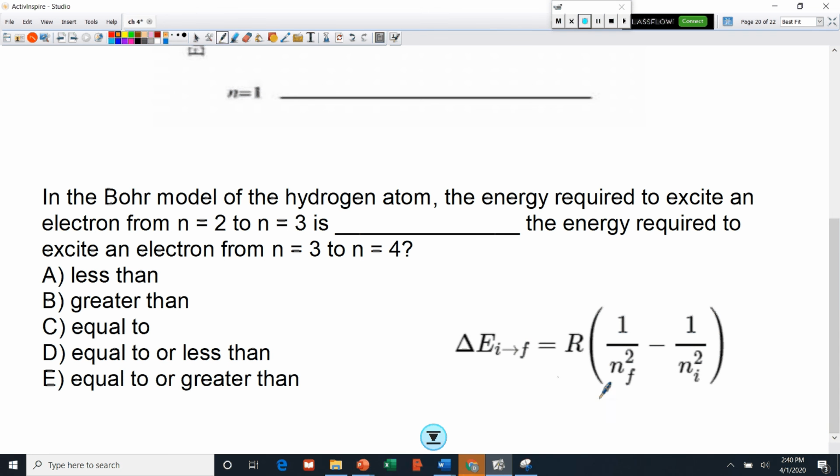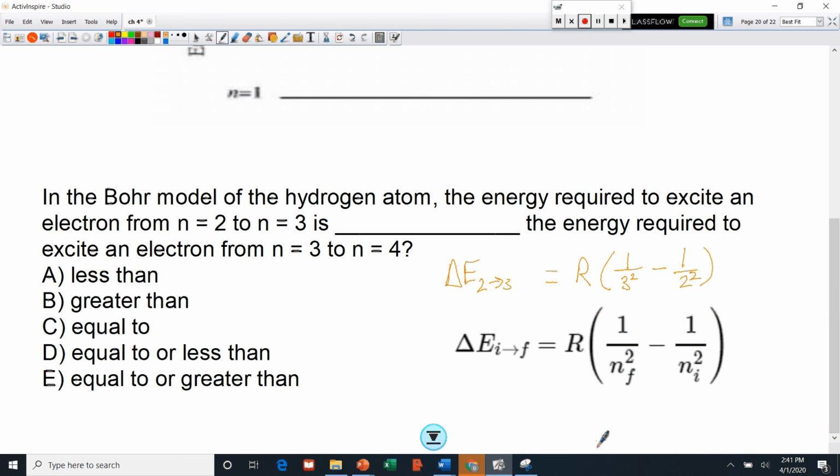So here we have the Rydberg equation, and again, remember R is a constant. We don't really have to know that one. Setting this up, we have the change in energy, and we're going to have to do this twice. The change in energy from 2 to 3 is equal to R times 1 over 3 squared minus 1 over 2 squared.